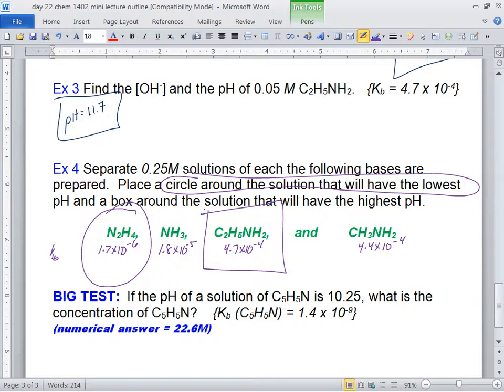The big test, get the big test accomplished, and you can get out of here. So highest pH, if you didn't quite catch this, highest pH means strongest base. And that means biggest Kb.